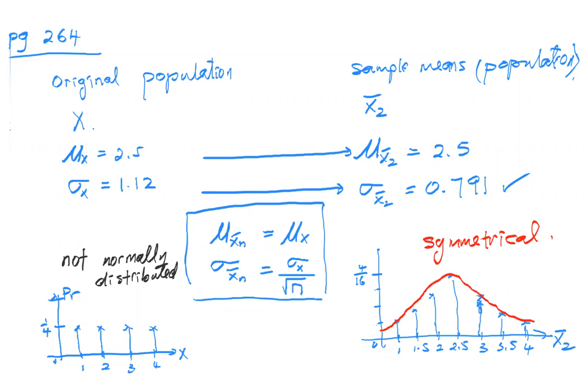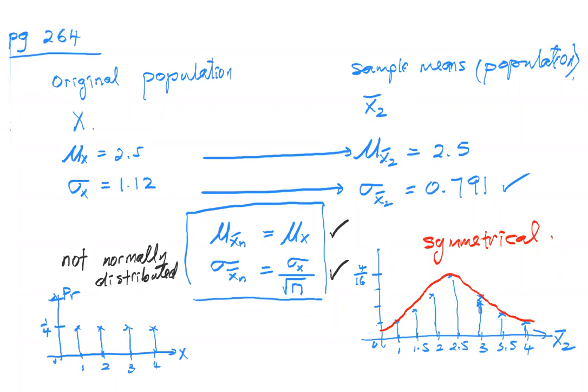Out of 4, I pick 2, not large. I take half of the population, not large. Large, it's sufficiently large. The distribution of the sample mean of size n is approximately normal with the mean of this and the standard deviation of this.